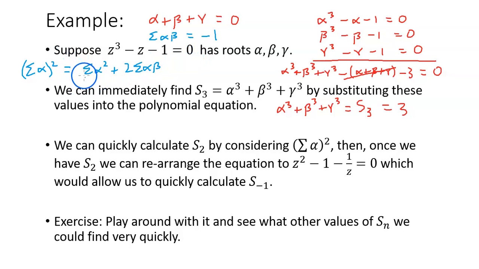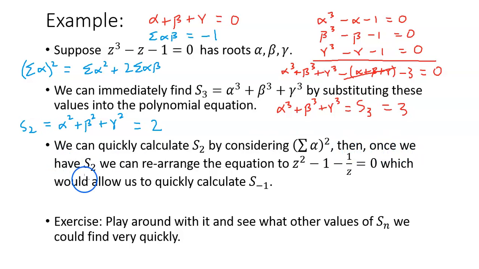So that means that S2, which is alpha squared plus beta squared plus gamma squared, is equal to the square of the sum of alpha, which is 0, plus minus 2 times the sum of alpha beta, which is negative 1. So in this case, it's 0 minus negative 2, so 2.